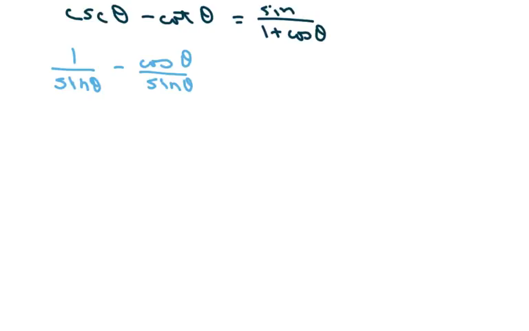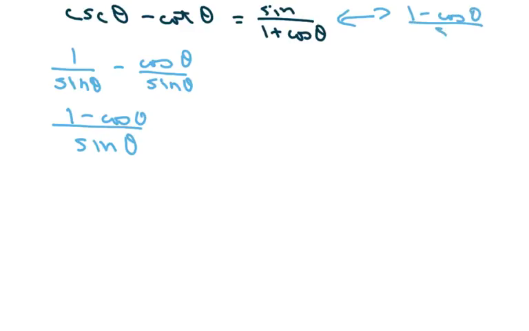Alright, our common denominator is sine of theta, and we're just going to write 1 minus cosine of theta over sine of theta. So if you look at this, you already see this flip-flop thing going. The numerators and denominators switched, but the sign changed. So what we're going to do is multiply by the conjugate.